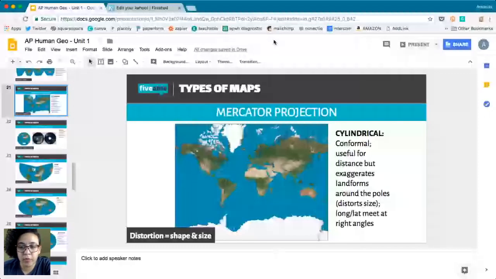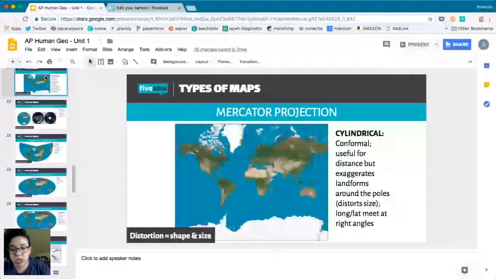So, all right, Mercator projection. The Mercator projection is one of the most common types, and this is distorted by shape and size. So this is exaggerating landforms, and it's distorting the size. It's easier to travel by sea using a map like this, but it's distorting the actual sizes of the continents.